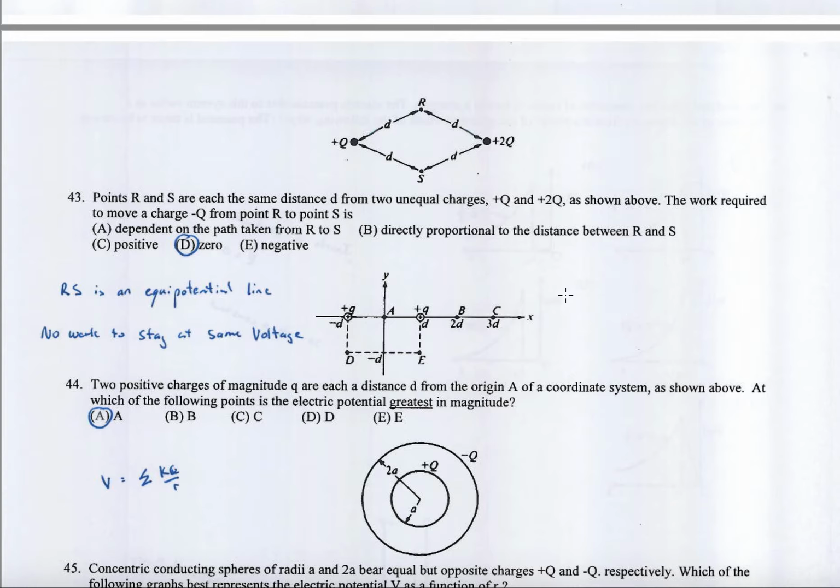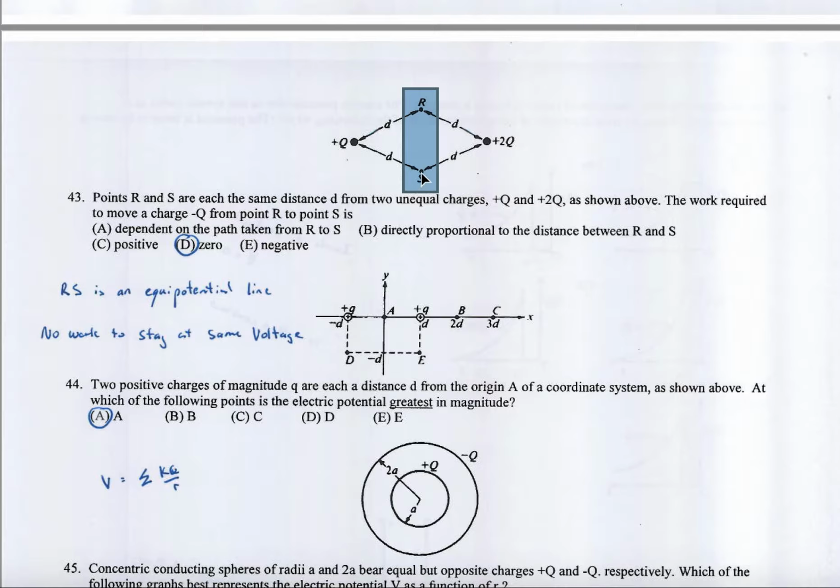All right, this one. The work required to move a charge from R to S. Okay, so R and S are actually an equipotential line, right? It doesn't matter where you are on this line here. You are always the same distance from Q, and the same distance from this one. And so all of these would be at the same voltage, right?